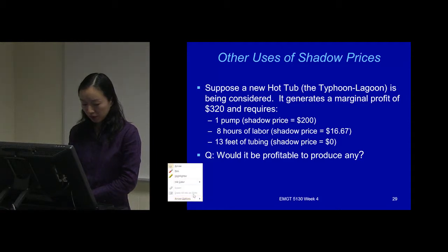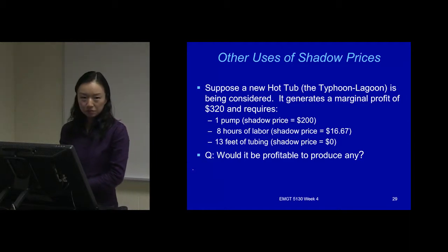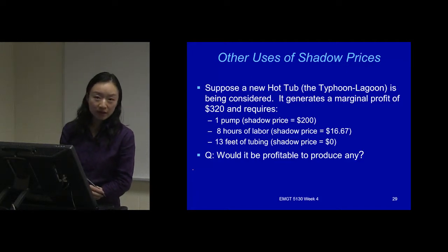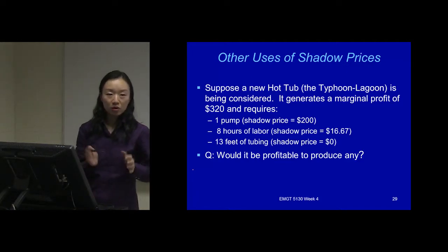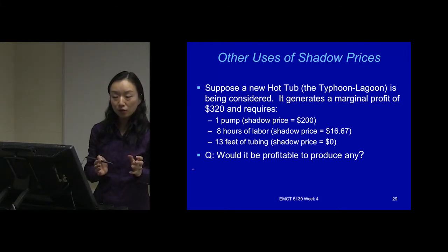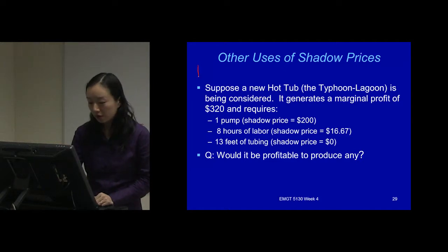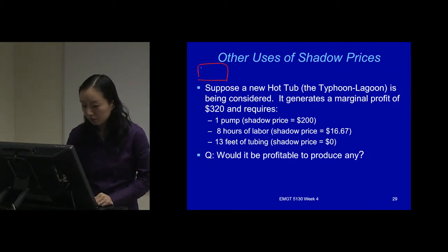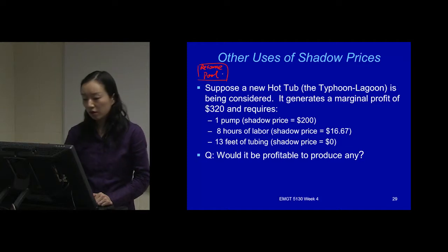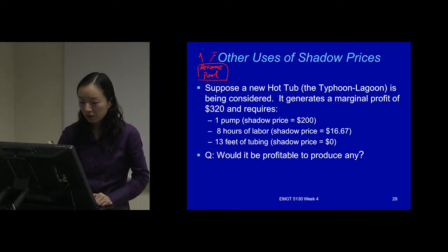So to think about this problem, to determine whether it's profitable to produce any, we'll think about what's the impact on your objective function value, and what's the cost it takes. You can think of it this way: you have this resource pool that's used to produce the aqueous baths and hydrolysis.